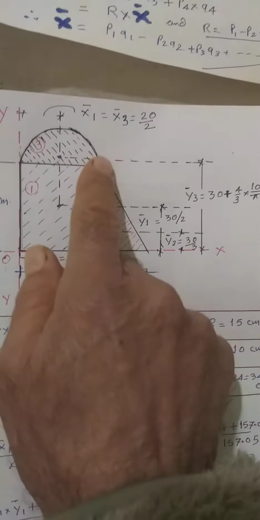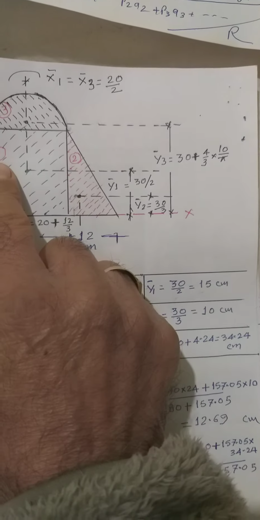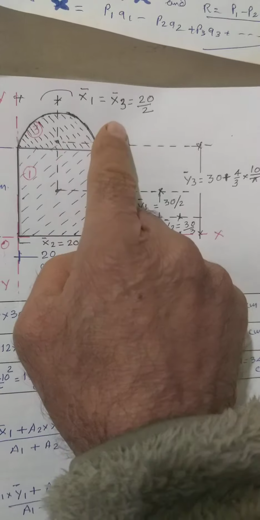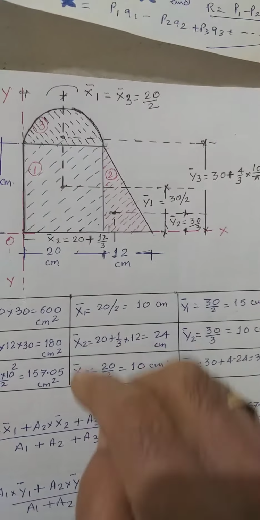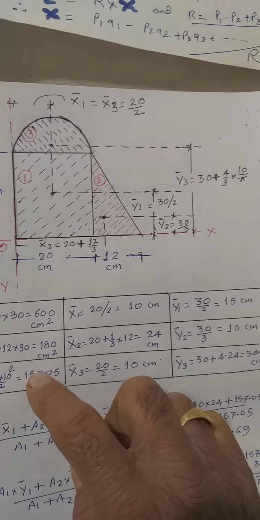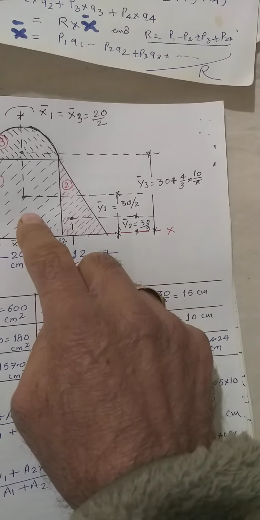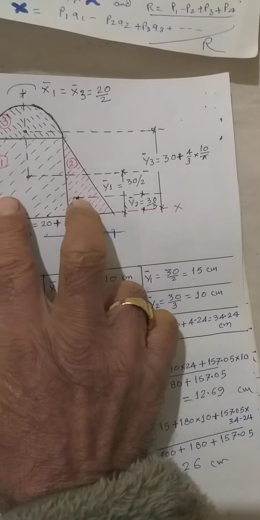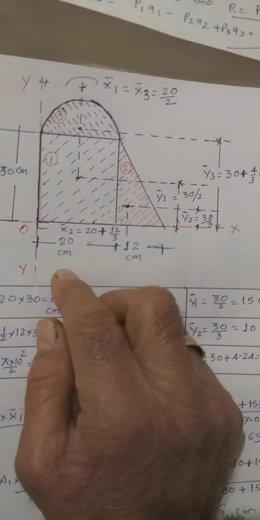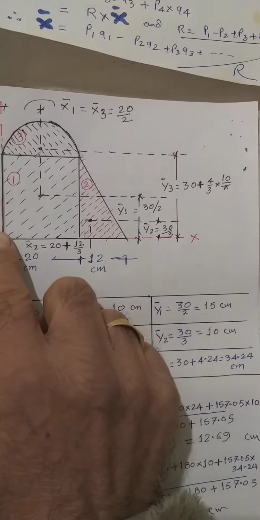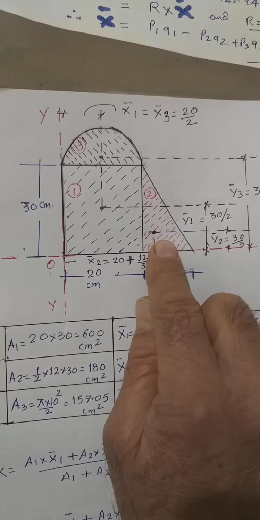First of all, we have calculated the area of this rectangle, area of this triangle, and area of the semicircle, that is A1, A2 and A3. After finding the values of A1, A2 and A3 and X bar 1, X bar 2 and X bar 3, now we will proceed to calculate Y bar 1, Y bar 2, Y bar 3 from this reference line.